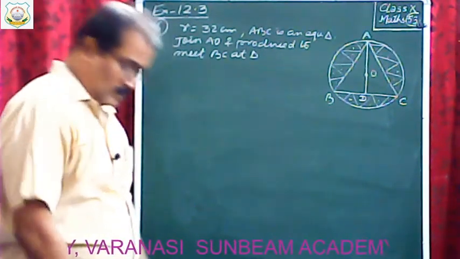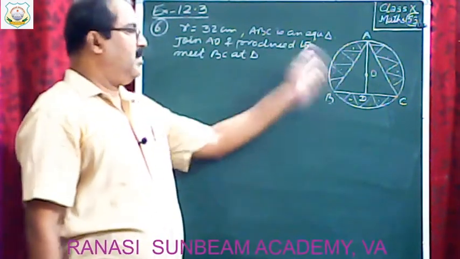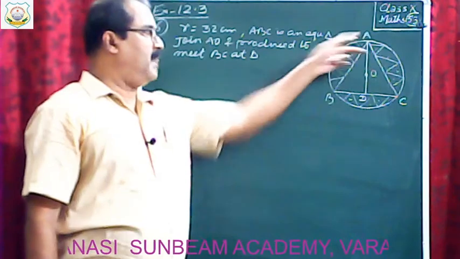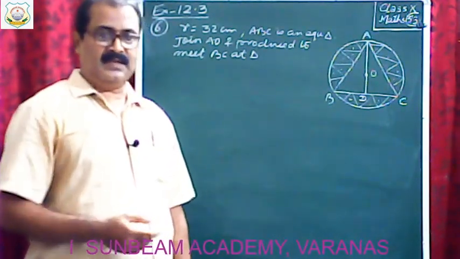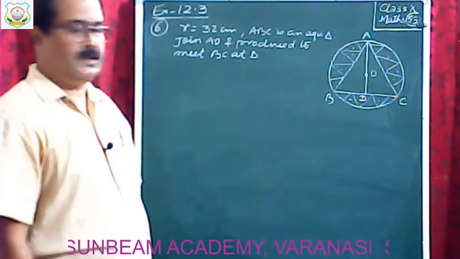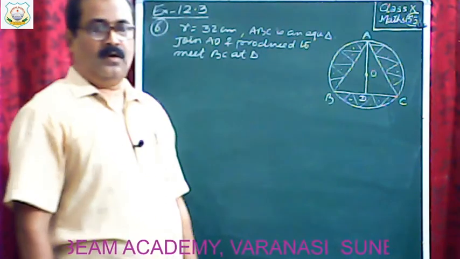Now you have to follow up some geometrical applications. Equilateral triangle. Okay, a circle passes through the vertices. Such type of circles are known as circumcircle. Then O is circumcenter of the circumcircle.